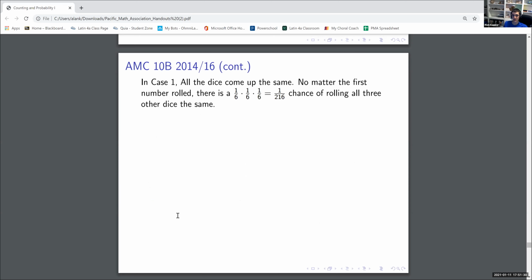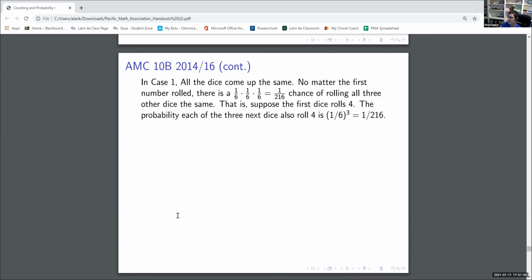There's a 1/6 chance of the next one being a 3, and also a 1/6 chance of the last one being a 3. So you have a 1/6 cubed, or 1 in 216 chance of rolling all of those dice with the same number.